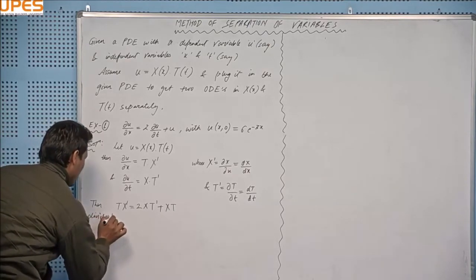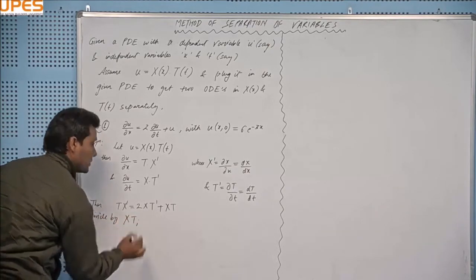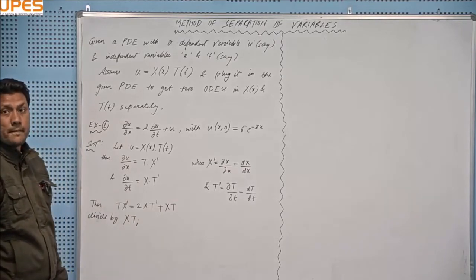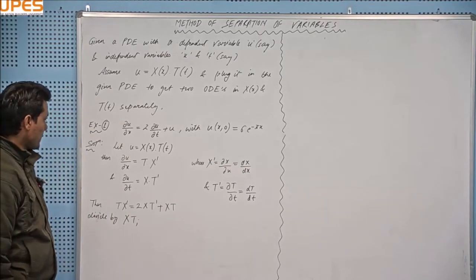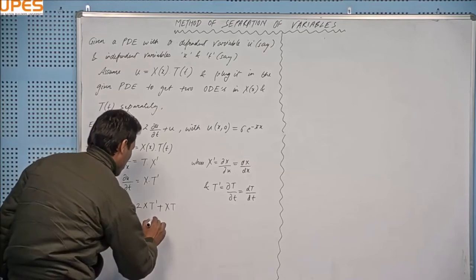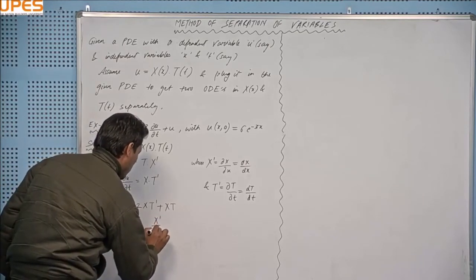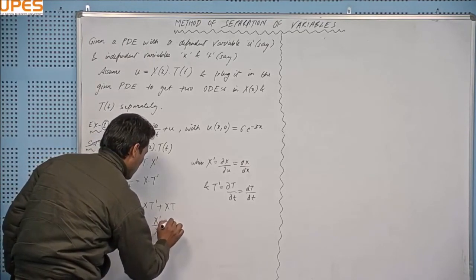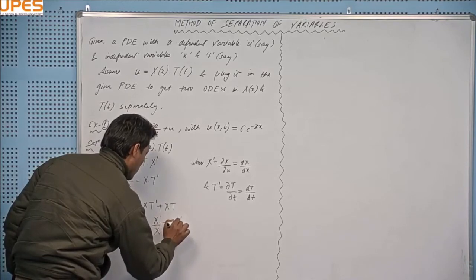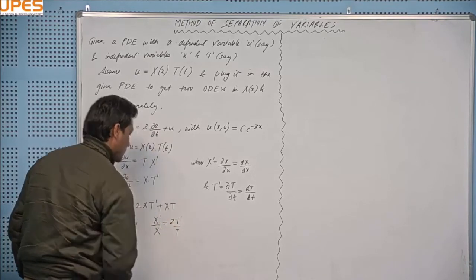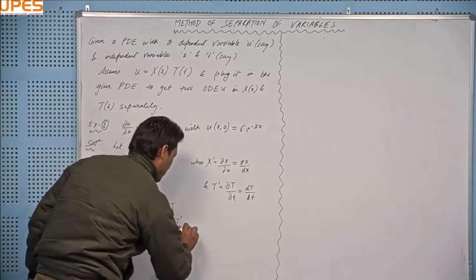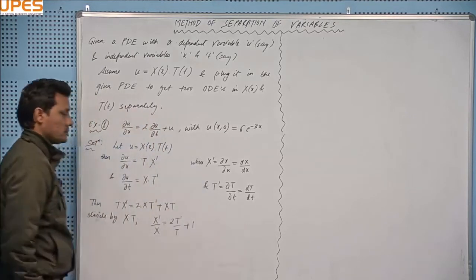Divide by XT. Then it will be X dash over X equal to 2 T dash over T plus 1.